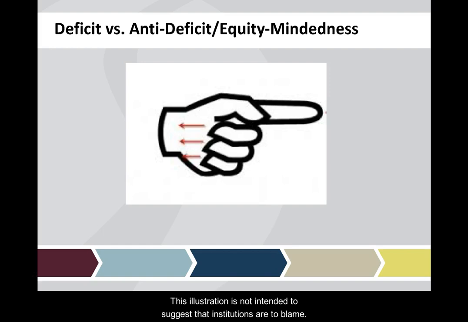This illustration is not intended to suggest that institutions are to blame. It is, however, intended to encourage PTR team members to think about student strengths and needs to assess the role of institutions and institutional agents in student outcomes.